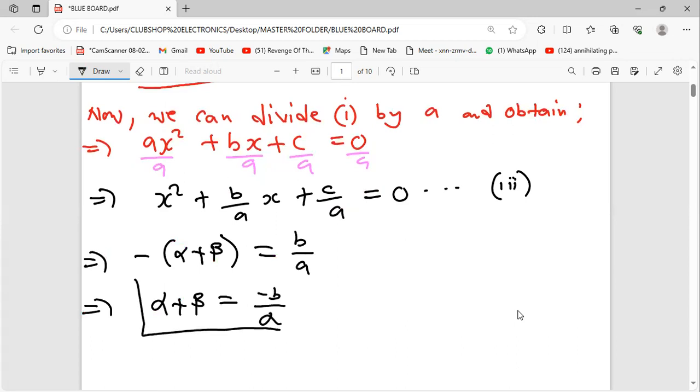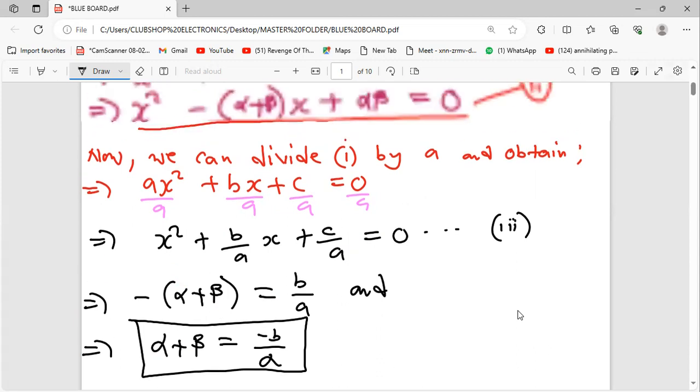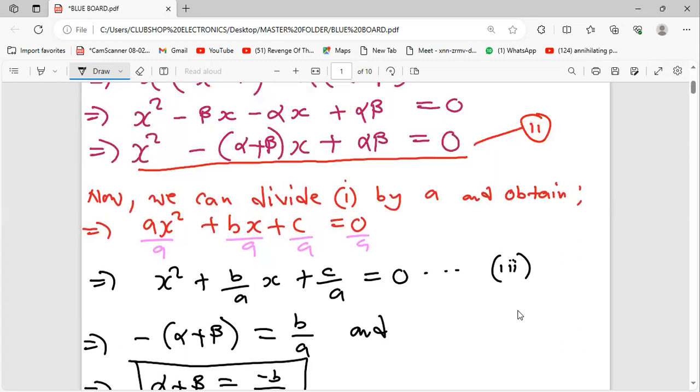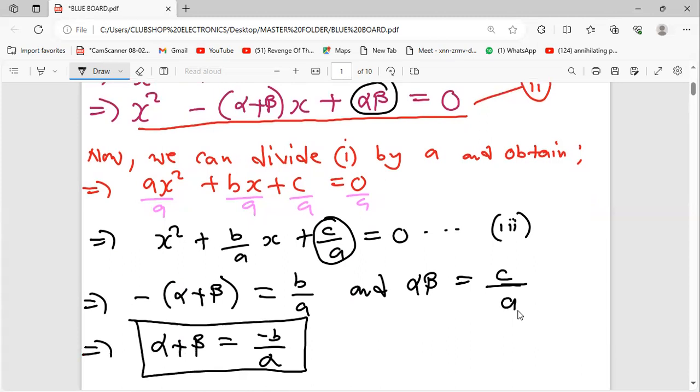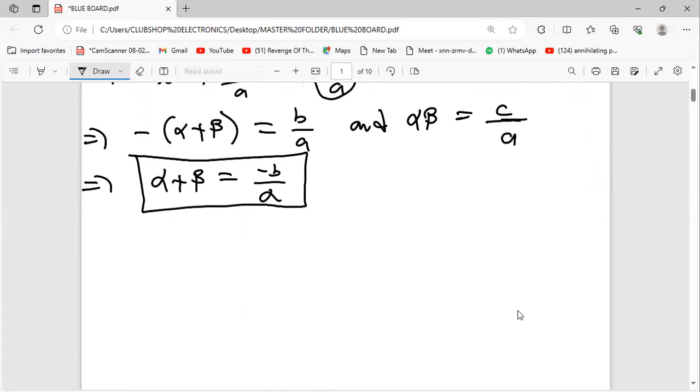So this is what you need to know. And the constants: alpha beta is equal to c divided by a. This is important.